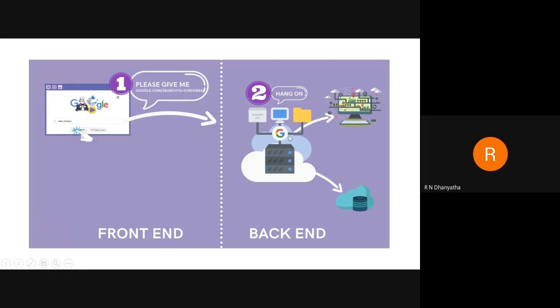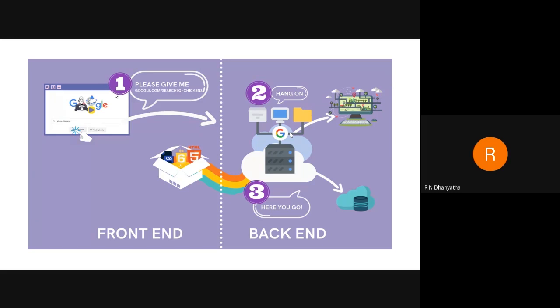So what Google does is that it fetches all the information that is related to Mysuru from various locations and gathers that in one single place, and then makes it available to you. So in the third step, Google has gathered all the resources that it could fetch from other locations, and it is piled up and ready to flash in front of you.